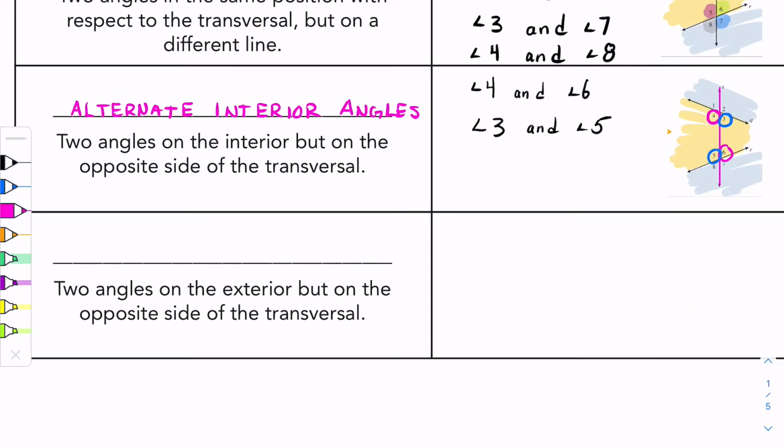Next, we're looking at alternate exterior angles, and these are two angles on the exterior but on opposite sides of the transversal.